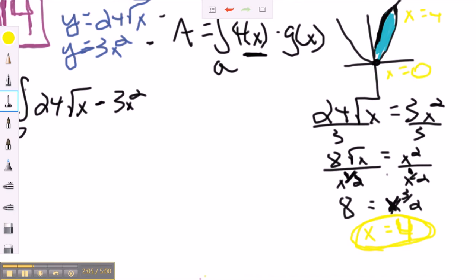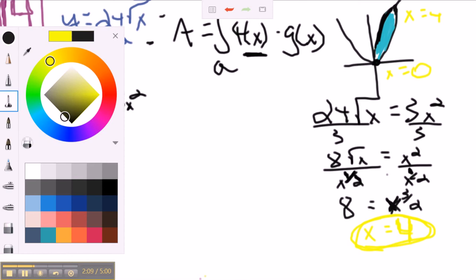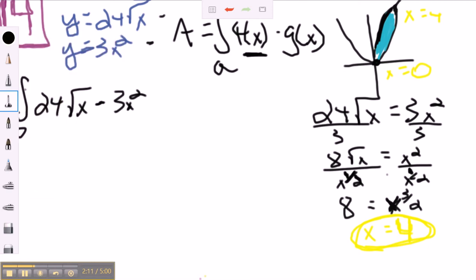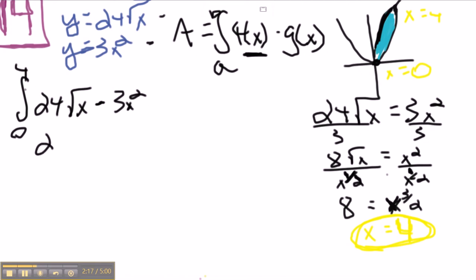So therefore, we can just put 4 up here. And then we integrate. I'm going to rewrite it as 24x to the half because that's easier for me to think about when I'm integrating. Okay, and then you basically just add 1 to the exponent and then divide by your new number.